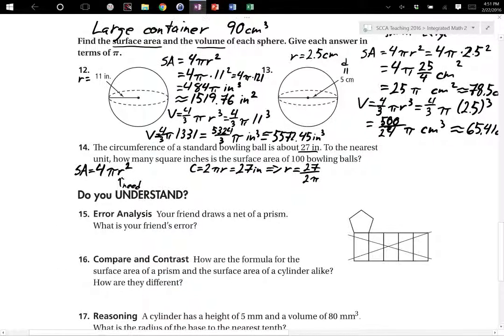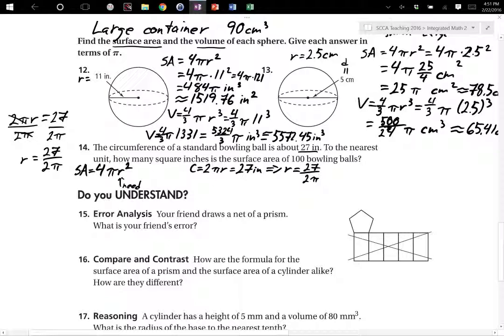Now, I got that. Let's look at that for just one moment. So I have 2 pi r equals 27. Well, I want to divide both sides by 2 pi to isolate the r. 2 pi divided by 2 pi is 1. So my r equals 27 over 2 pi.